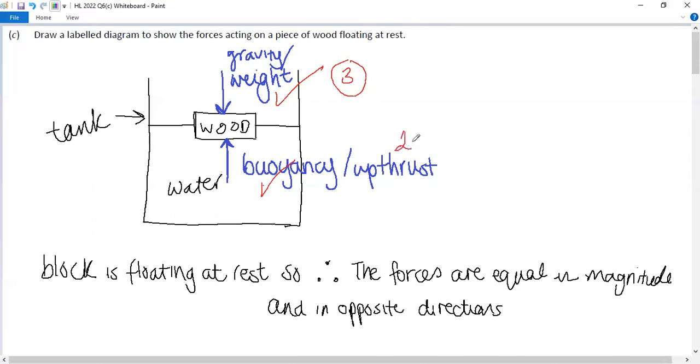That's 2. Now the way that works is if you didn't have gravity, but you did have buoyancy, you'd get 2. So you get 3 for the first one and 2 for the second one. Doesn't matter what order you're in. And then for either having nice clear vectors, or having a statement that just really clarifies it, you get that extra 2. Okay, and that's a total of 7.